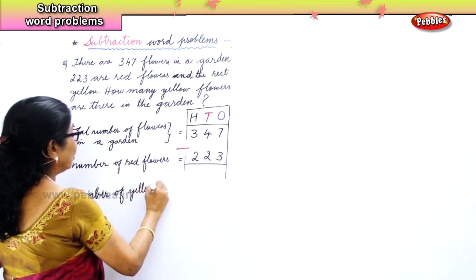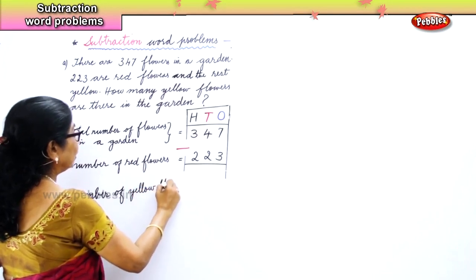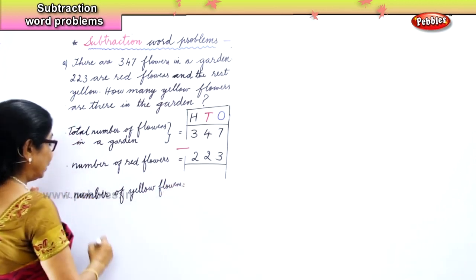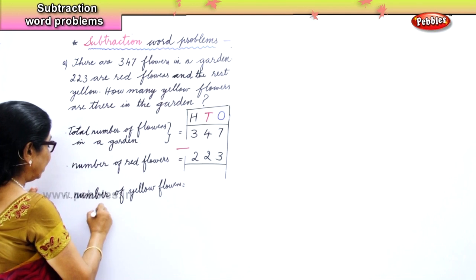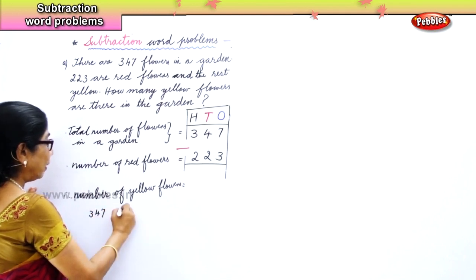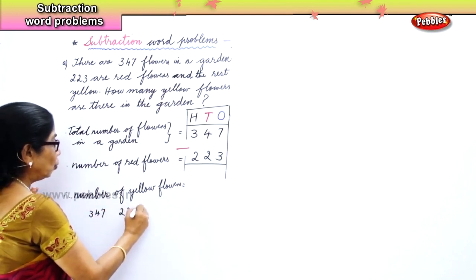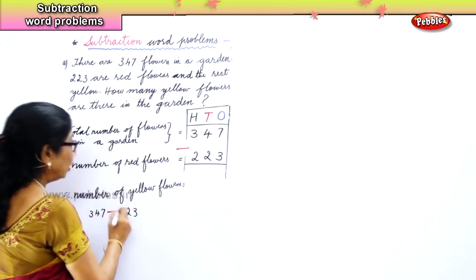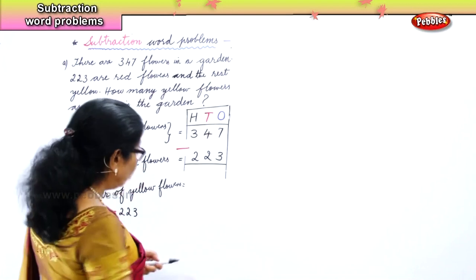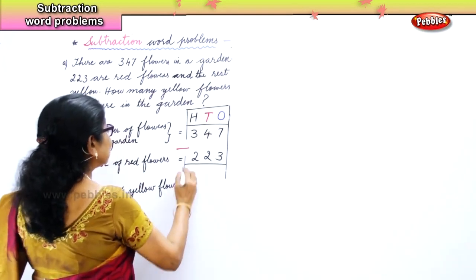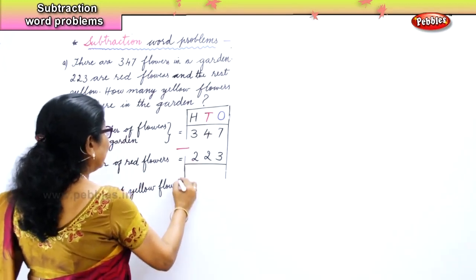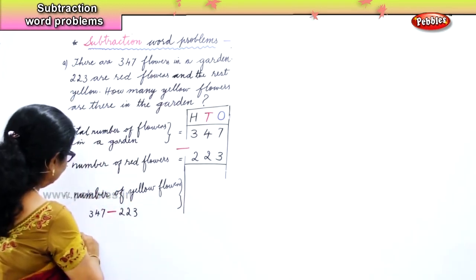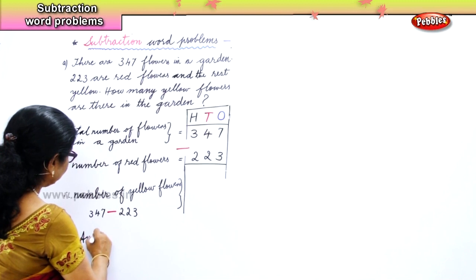You have to write that, 347 minus 223. Then only you know, oh, I've understood, this is how it is. Now we are going to find the answer.